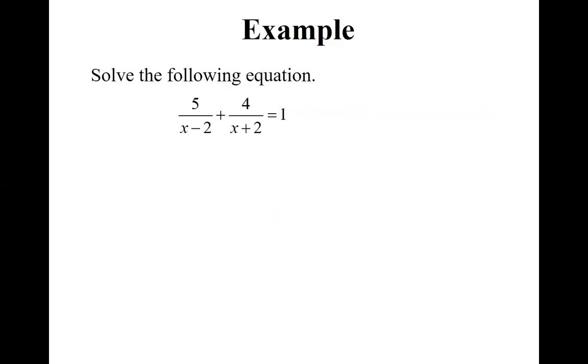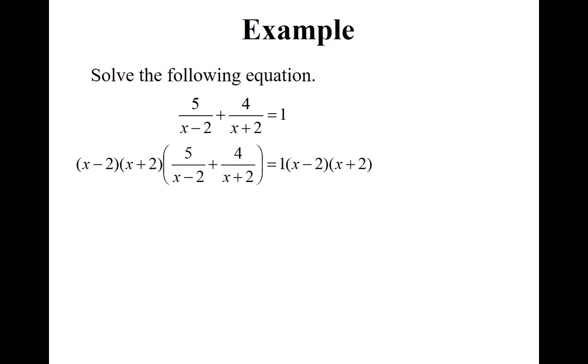This one is presenting as a rational equation. The LCD is x minus 2 times x plus 2. We multiply both sides by x minus 2 times x plus 2. On the right, that just gives us x minus 2 times x plus 2. On the left, we distribute the pair of binomials. The x minus 2 cancels in the first term, leaving us with 5 times x plus 2.